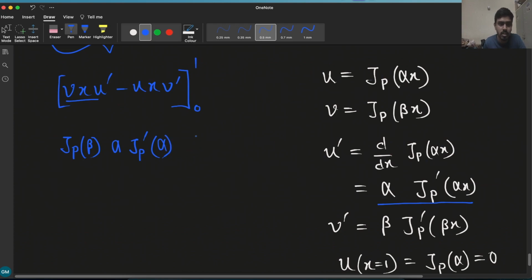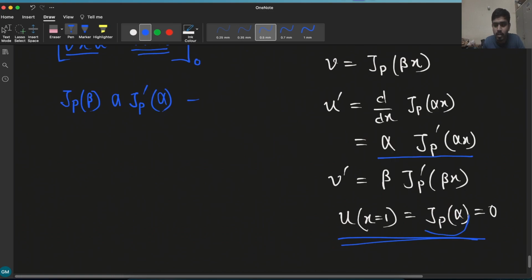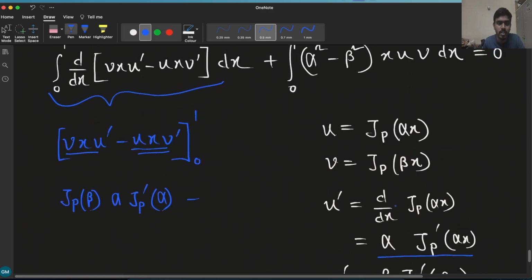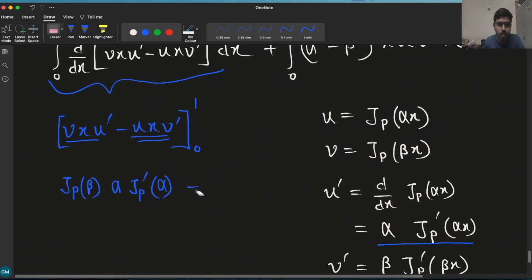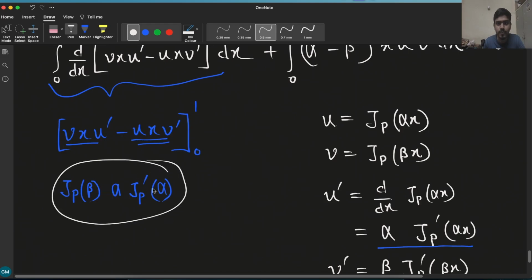And minus, if I put the upper limit in this term, then it is u of 1, and u of 1 is J_p(alpha), which is 0. It's because alpha is a zero of the Bessel function, so the other term will be 0. So this first integral will only give this term.